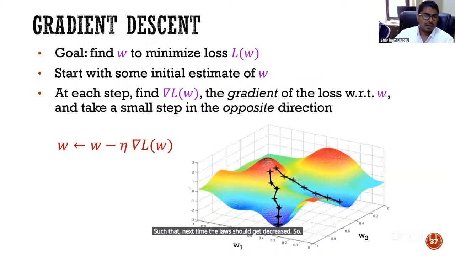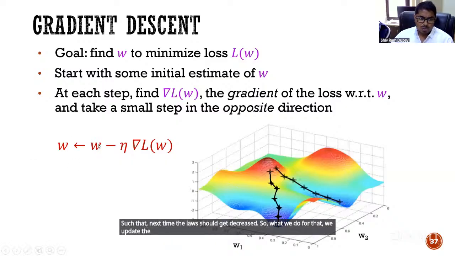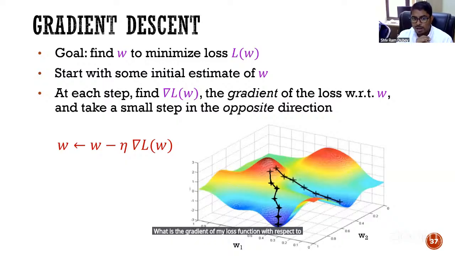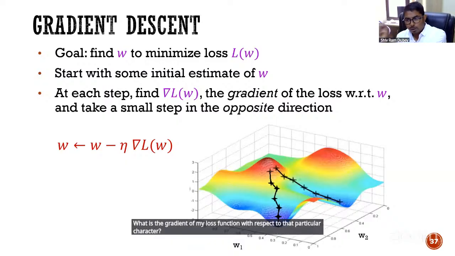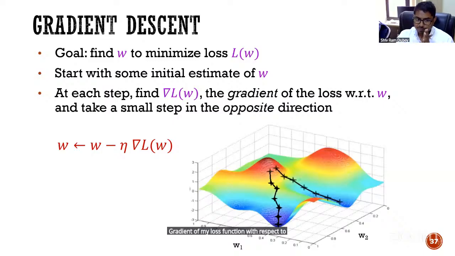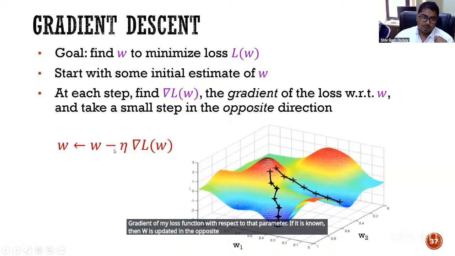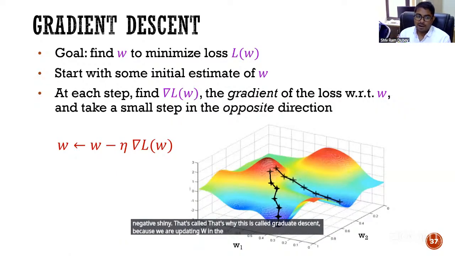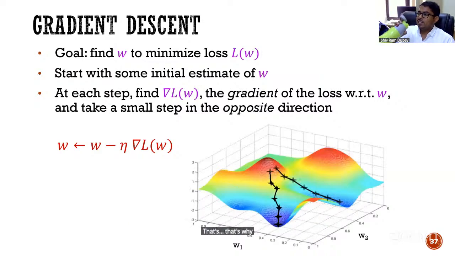So we update W as W equals the old value of W, minus the learning rate, which is called the step size, multiplied with the gradient of my loss function with respect to that particular parameter. If it is known, then W is updated in the opposite direction of the gradient because we have a negative sign. That's why this is called gradient descent, because we are updating W in the opposite side of the gradient.